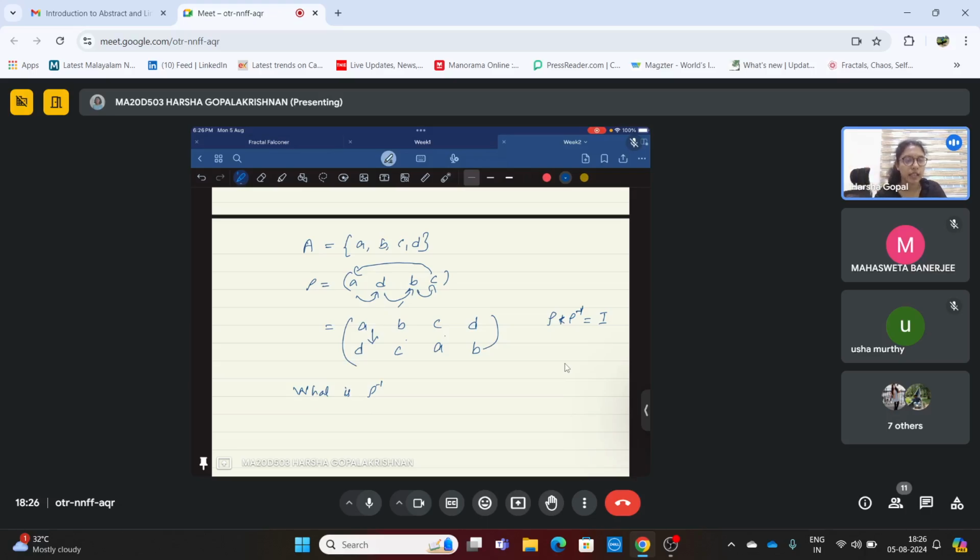It should go back to A, right? Then A is going to D, D is going to A. Then in the composition what we will get? A is going to A. Correct?